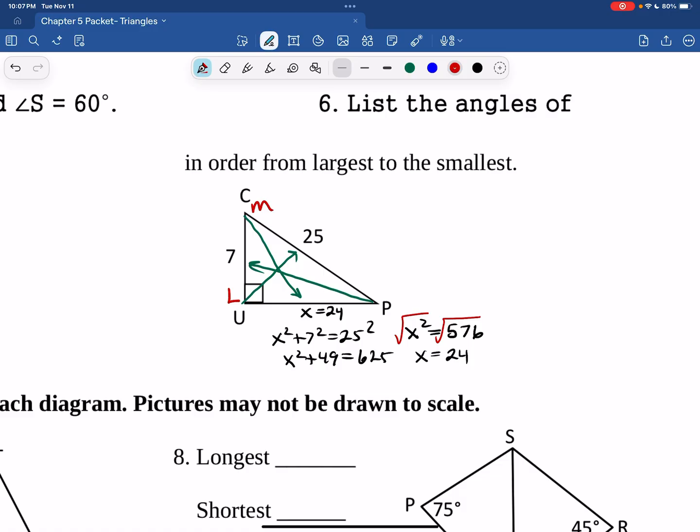And P is across from 7, which is the smallest side, so P is the smallest angle. So I want to list the angles starting at the largest one. So my largest angle is U, so angle U, then angle C, then angle P.